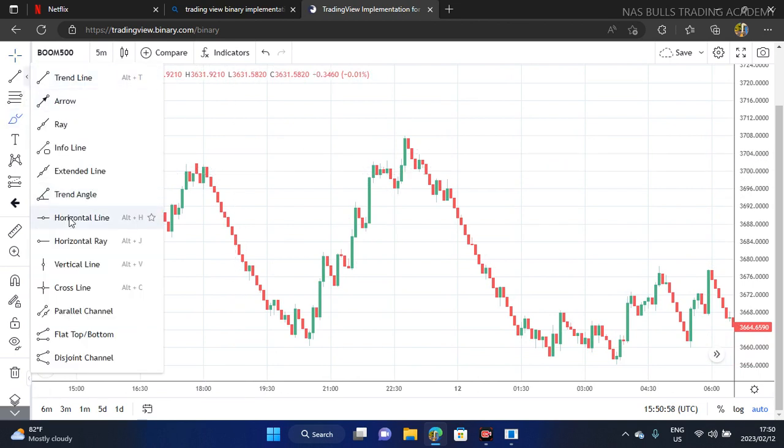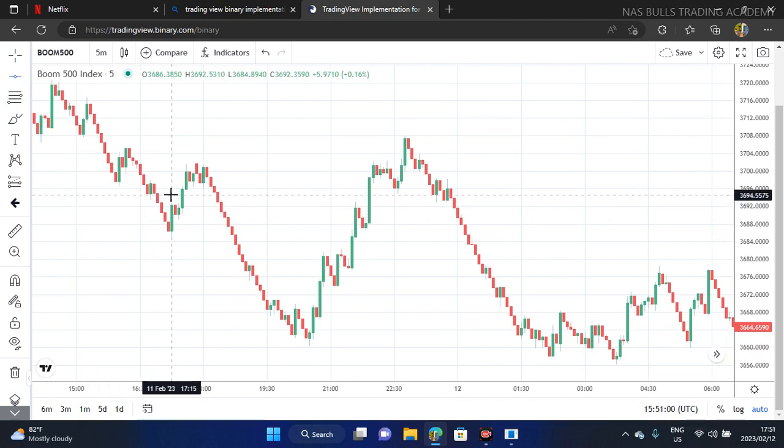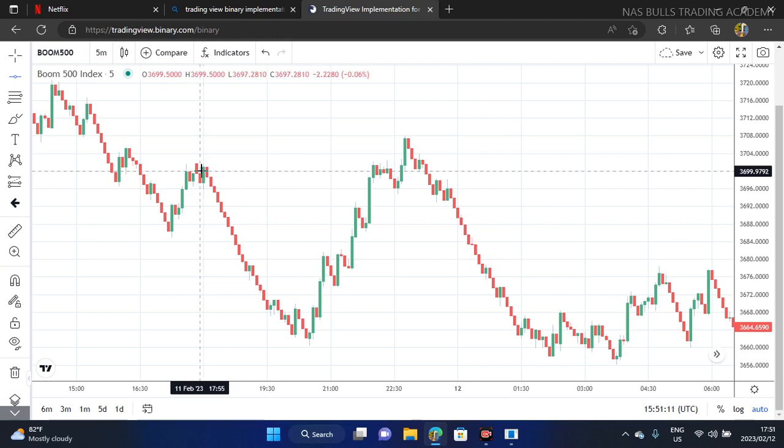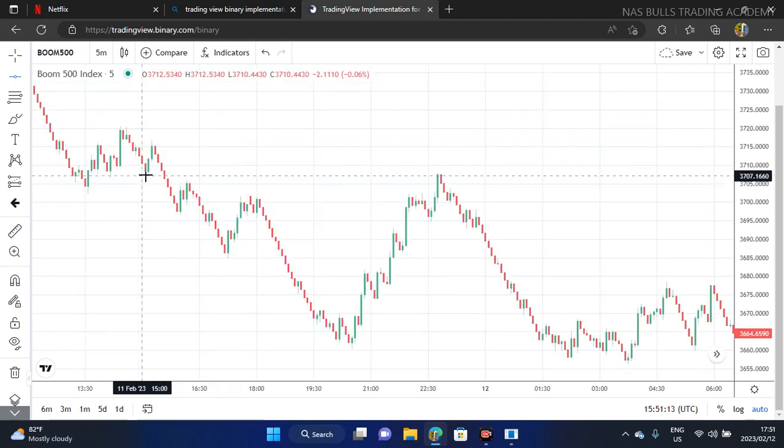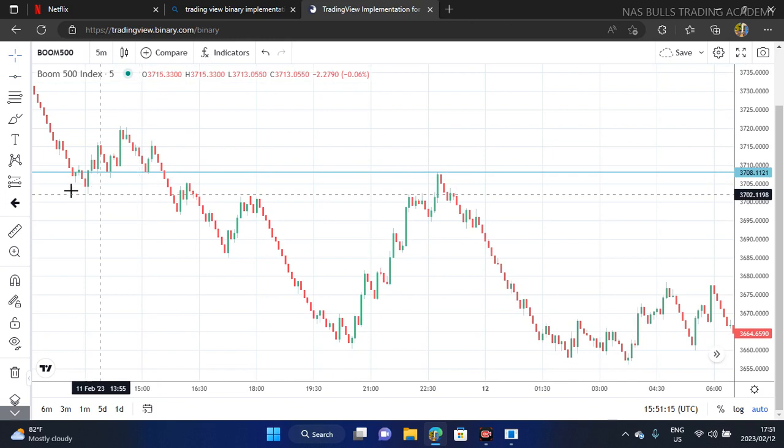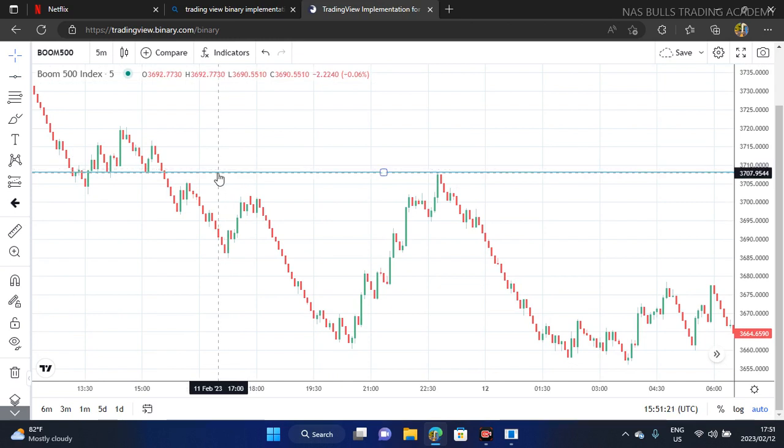First of all, when you open a chart, you need to mark the points which you can see. As I always say, in forex trading we have a major point and a minor point. The major point is the point where the market respects the most, where the market touches the most, if I can say that in a simple way.